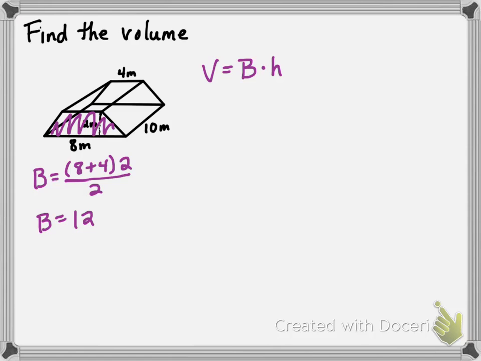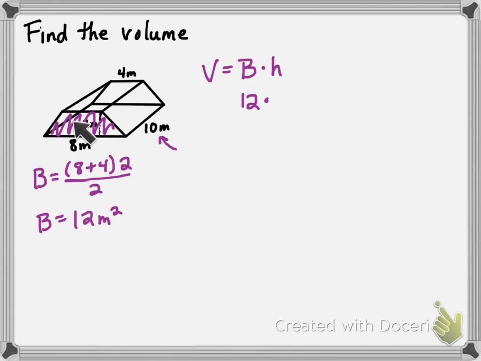So that gives me 12 meters squared, because 8 plus 4 is 12. 12 times 2 is 24, and 24 divided by 2 is 12. So the area of my base is 12.